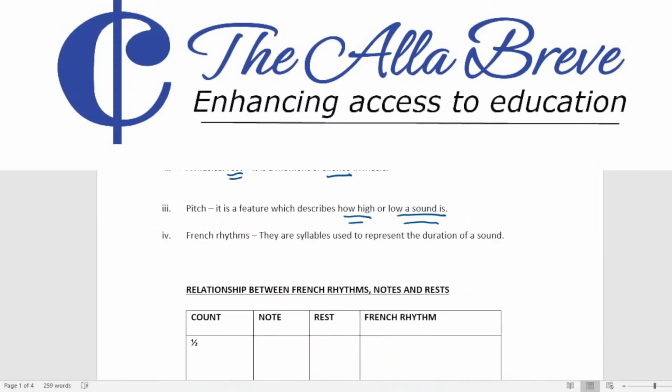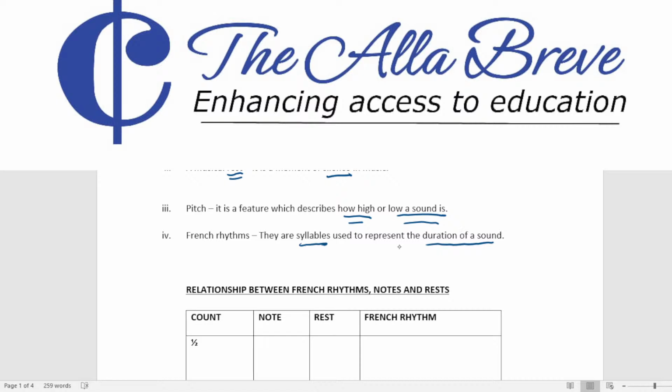Back to our notes. The term that is now adding up to the previous three terms is French rhythm, and you will notice French rhythms are syllables, and the syllables are used to represent the duration of a sound.